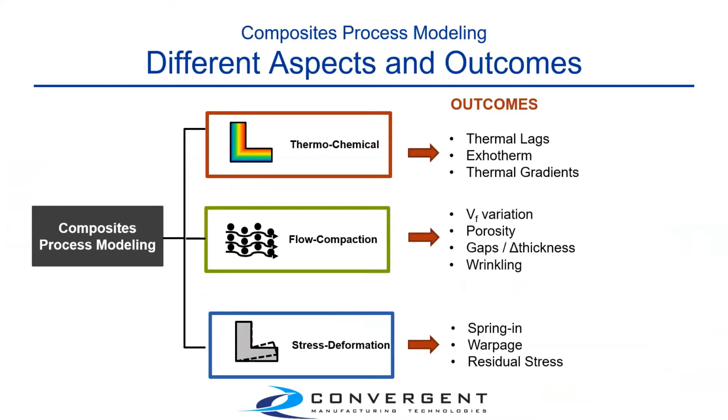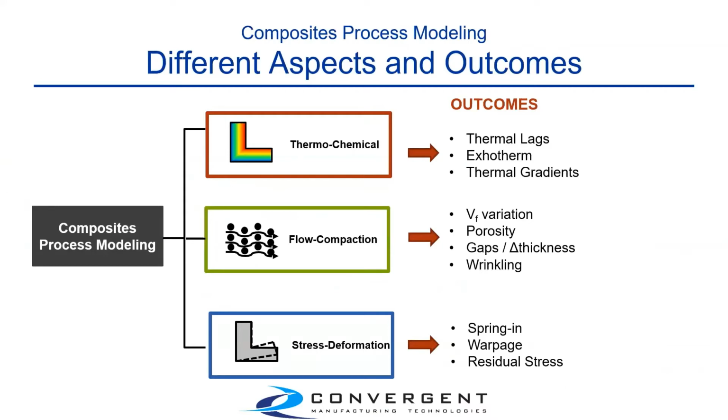The second type of analysis is a consolidation analysis. As the part goes through the application of temperature and pressure, the part gets consolidated. The volume fraction of the part might change, especially if you have spatial variation of the pressure that's applied due to the use of a caul sheet, for example, and the geometric features in your part.